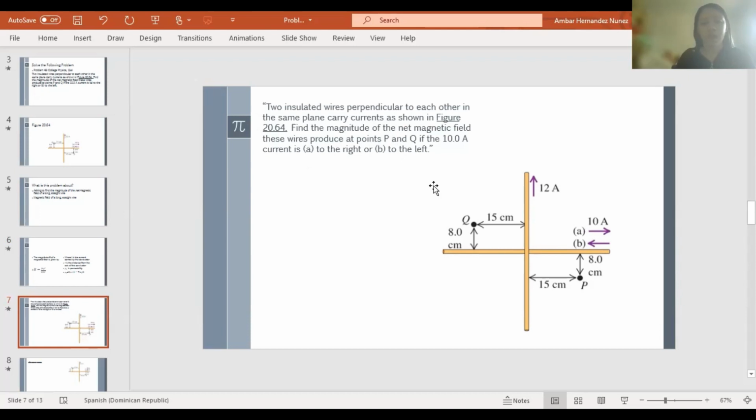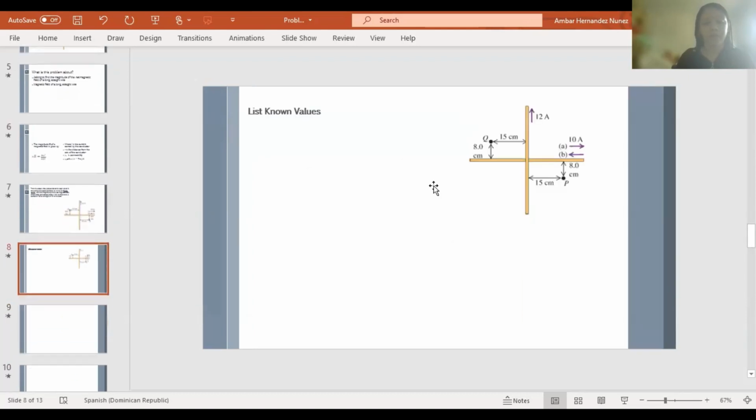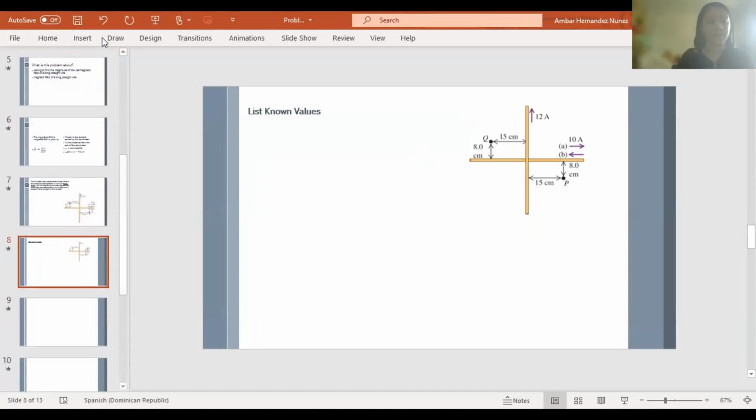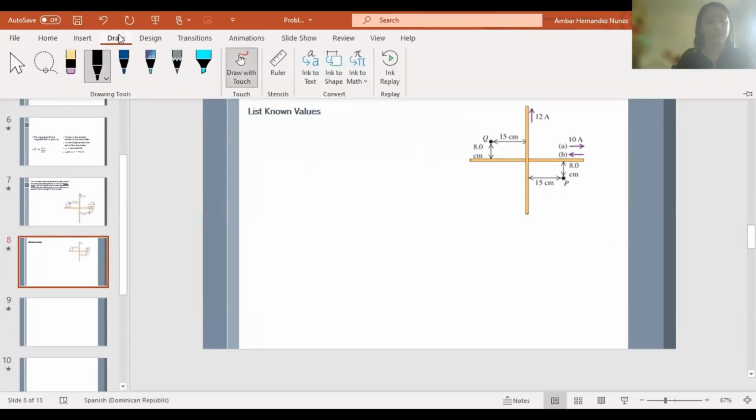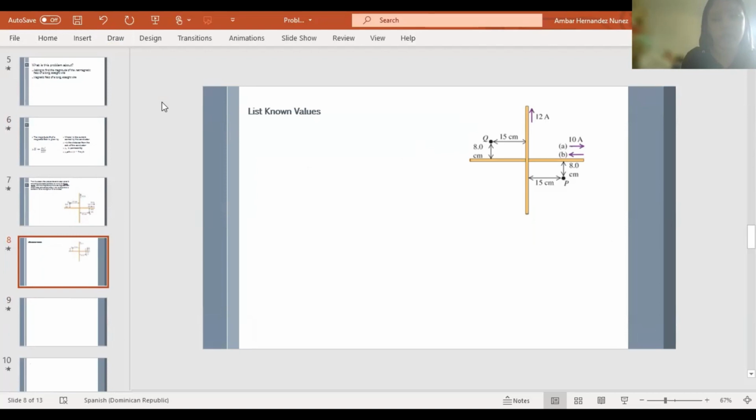So the first thing we're going to do is list our known values. So we have the current, 10 amperes. And at point P, we have two distances.